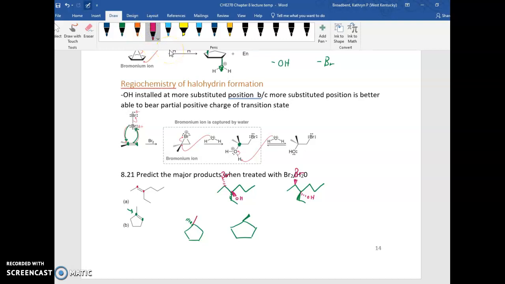The hydroxy is going to be a wedge here. If the hydroxy is a wedge, then the bromine must be a dash. So if the hydroxy is a dash, then the bromine must be a wedge.